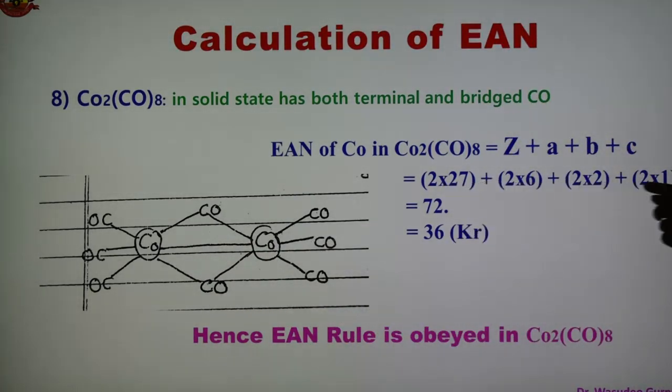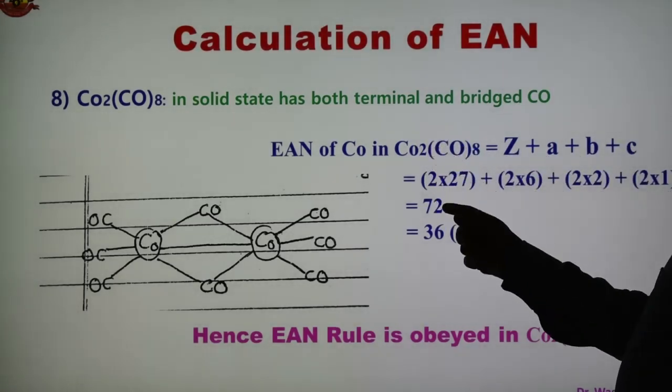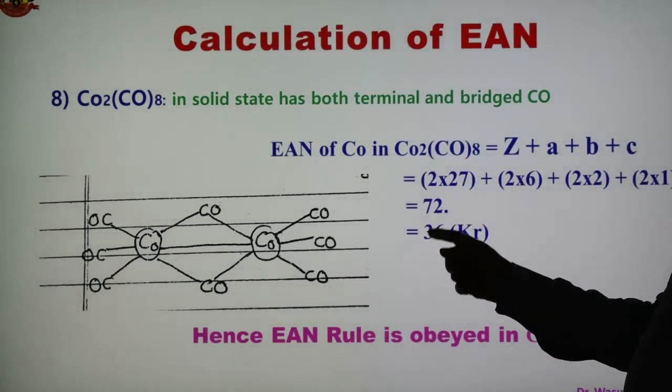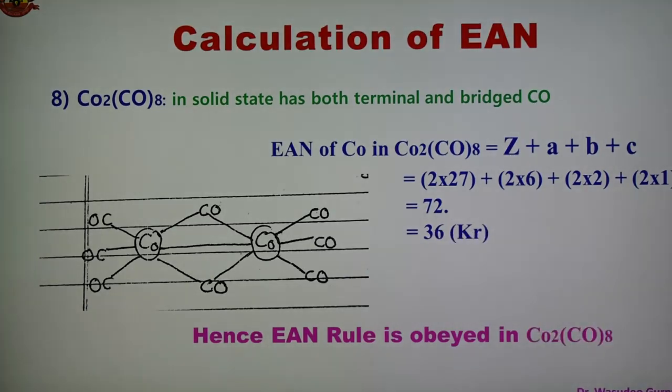So the total of all this is 72, and when 72 is divided by 2, because 2 metals are here, for 1 metal 72 divided by 2 is 36. Again 36 is the atomic number of krypton, and hence we can say that the EAN rule is obeyed in Co2(CO)8. So this is example number 8.